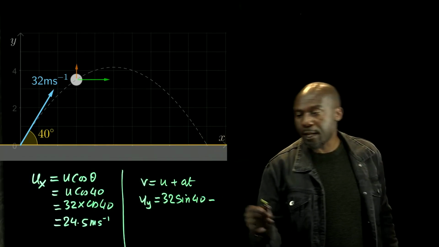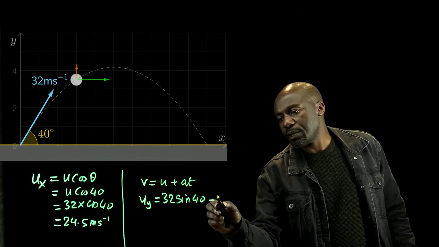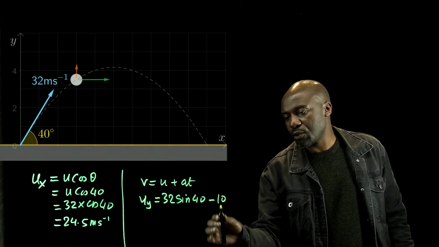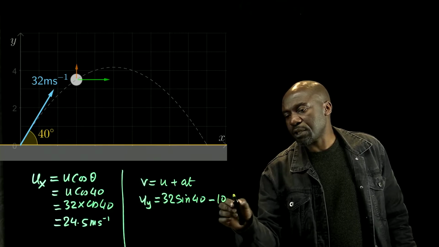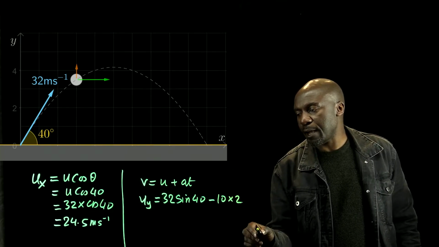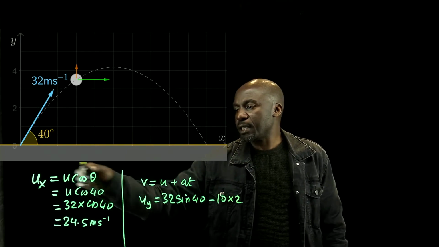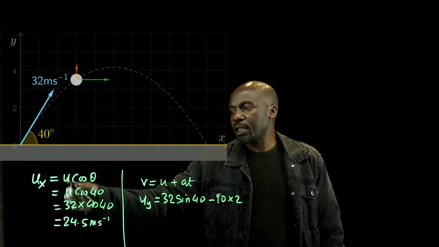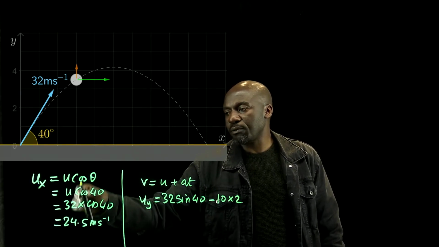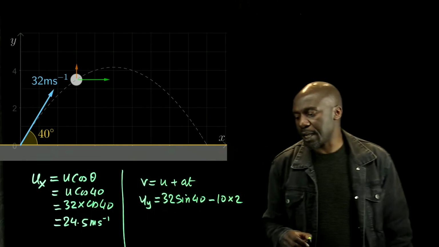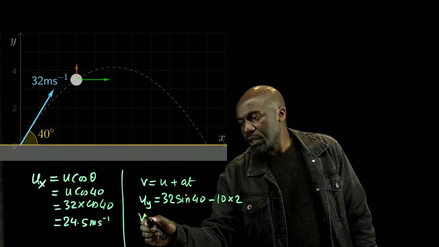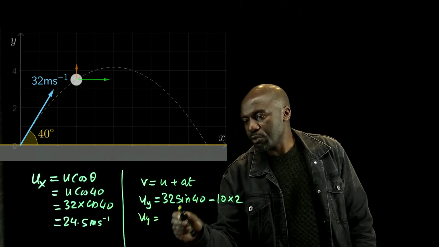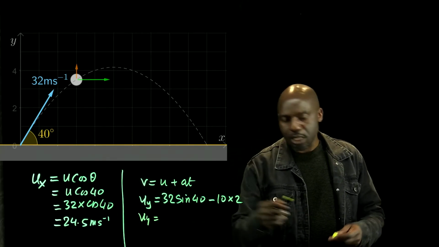So we'll say minus 10, minus because we are going against gravity, multiplied by time, and we are looking for this after 2 seconds, so we multiply by 2. It doesn't matter what time it is, the horizontal component remains constant irrespective of time. This one depends on time, and so according to this formula, the final velocity, vy, is going to be 32 sine 40 subtract 20.